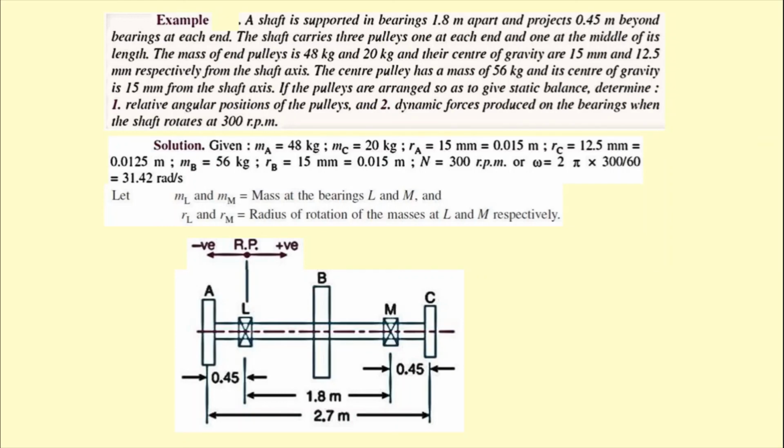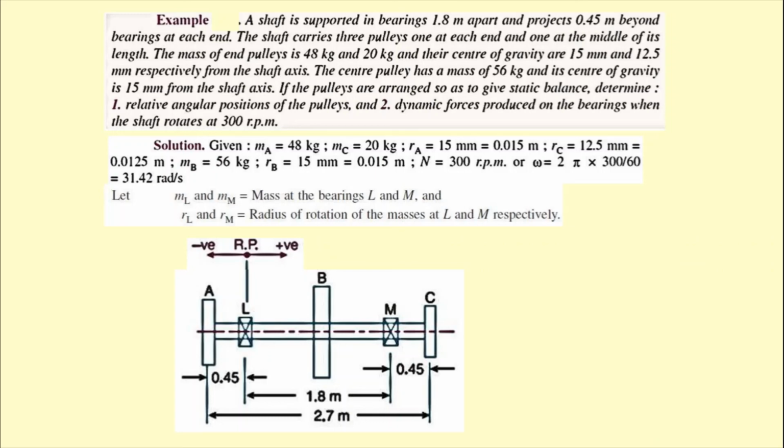Now almost all the data are given, so we have to convert each millimeter value into meters, and find the omega value from the rpm. Let us consider that ML and MM are the masses at the bearings L and M, and RL and RM are the radii of rotation of the masses L and M respectively.